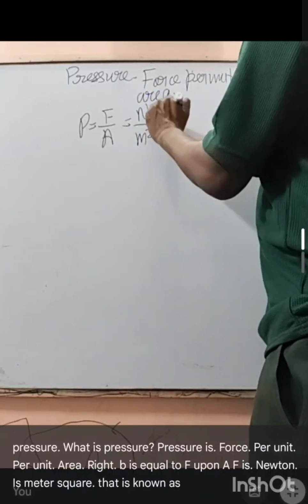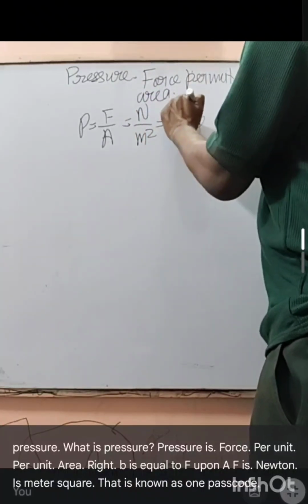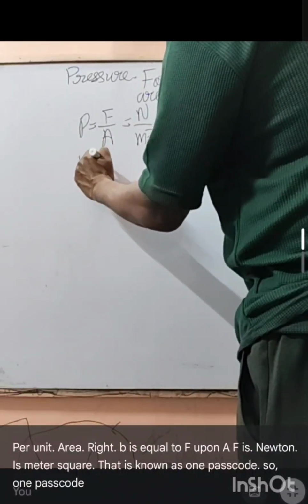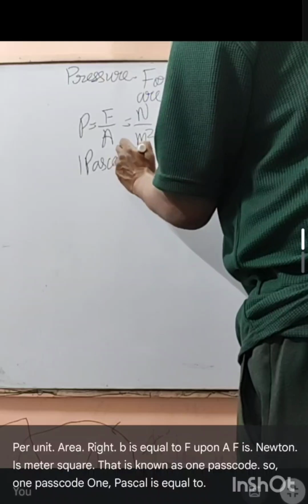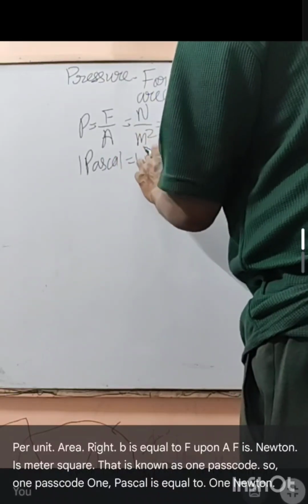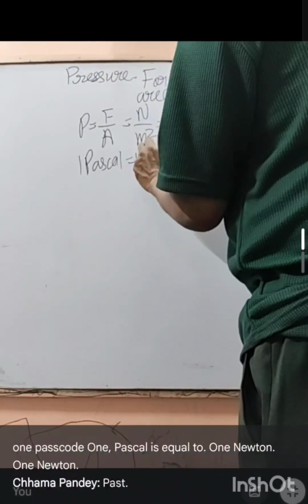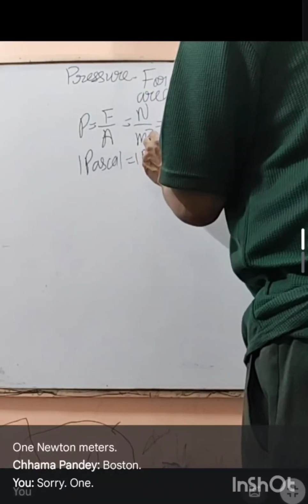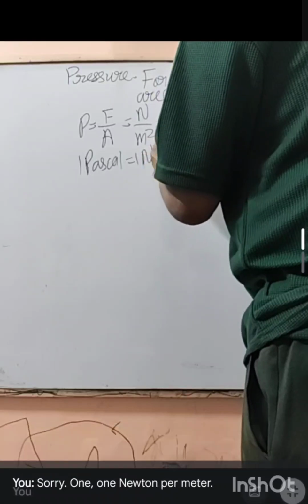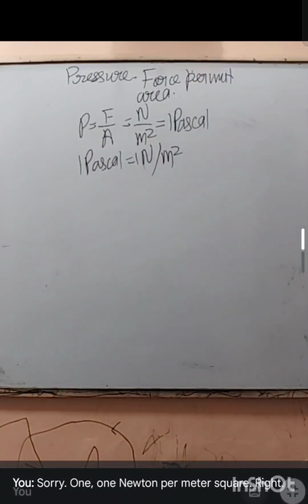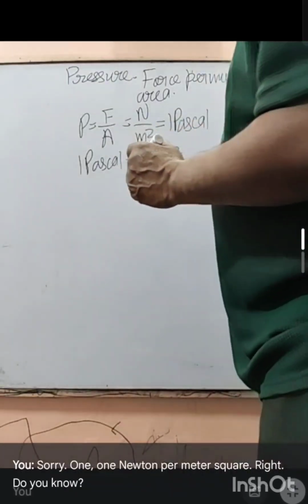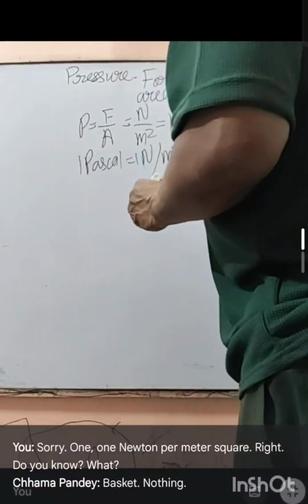That is known as 1 Pascal. So 1 Pascal is equal to 1 Newton per meter square.